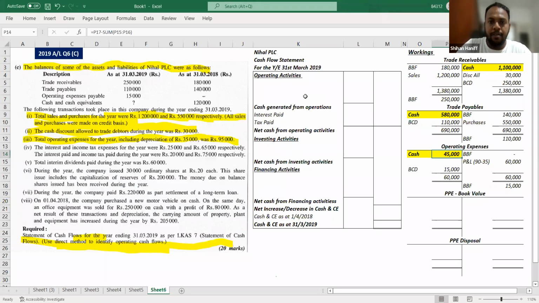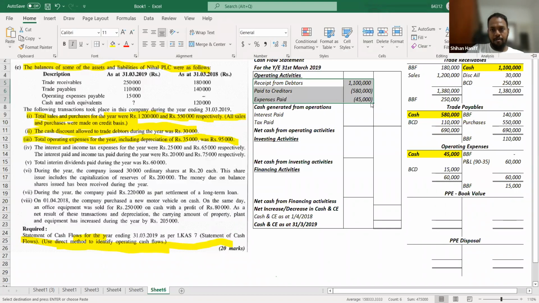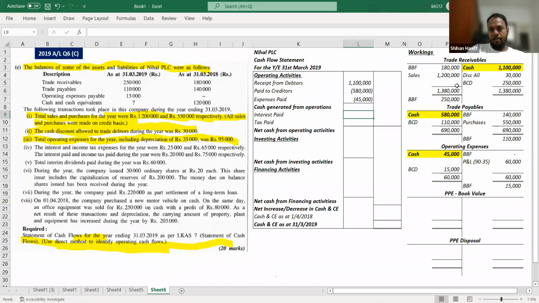Received from debtors, paid to creditors, and expenses paid. 1.1 million, 580,000 minus 45,000 minus. What else?